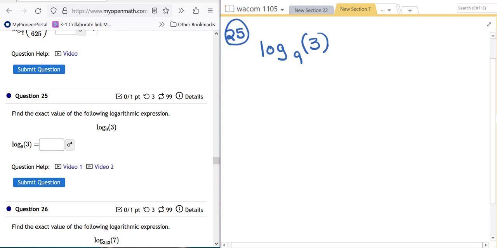The square root of 9 is 3, and our goal is to rewrite this as 9 to a power. So if we write it as log base 9 of 9 to the 1/2, that would be the square root of 9, which is equal to 3. Then our answer is 1/2.